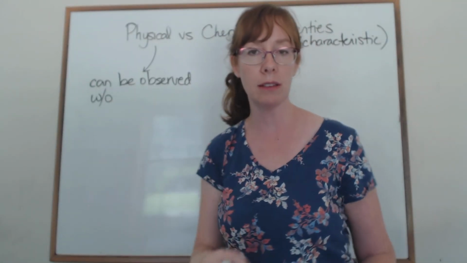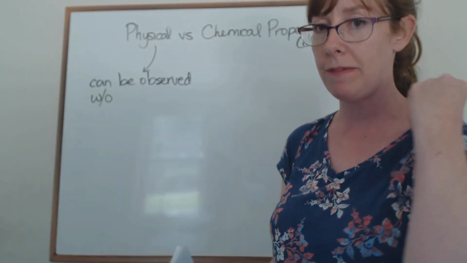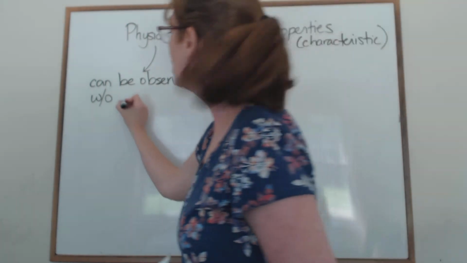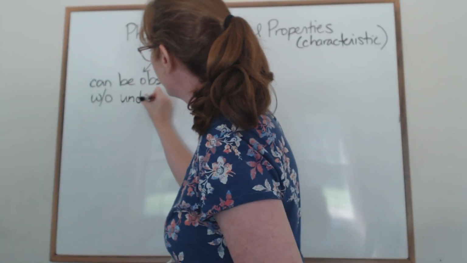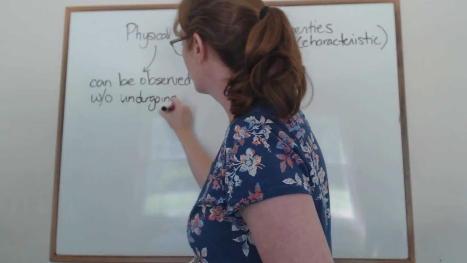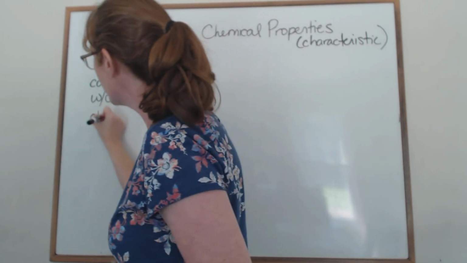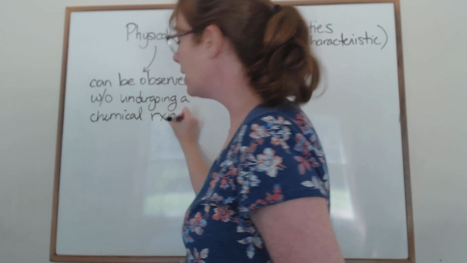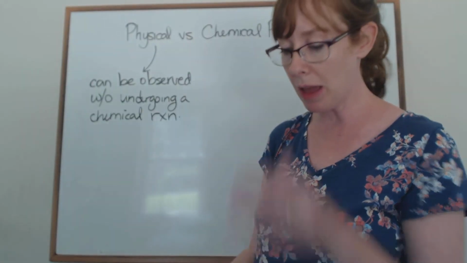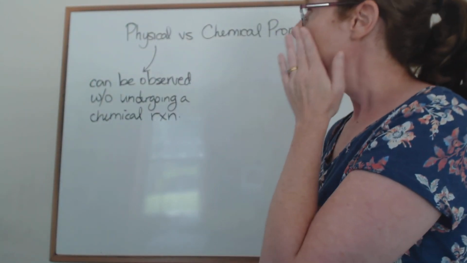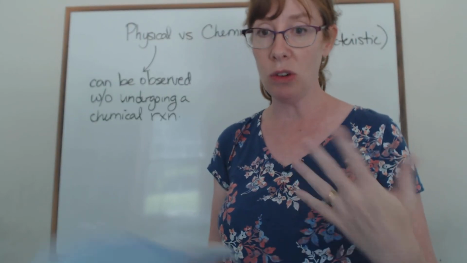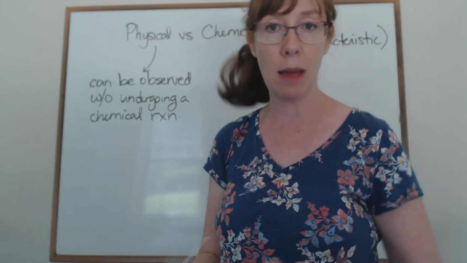I'll start using some shorthands just to make note-taking and teaching faster. Can be observed without undergoing a chemical reaction. And RXN is reaction. So if something is a physical property, you don't need to do a chemical reaction to observe it. You can just observe it without any chemical reactions.